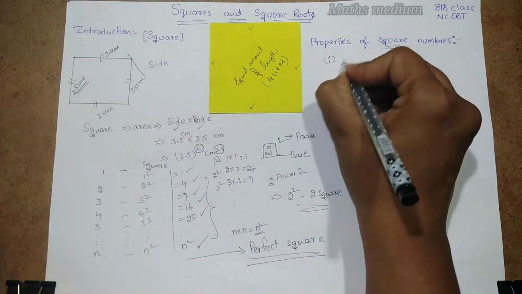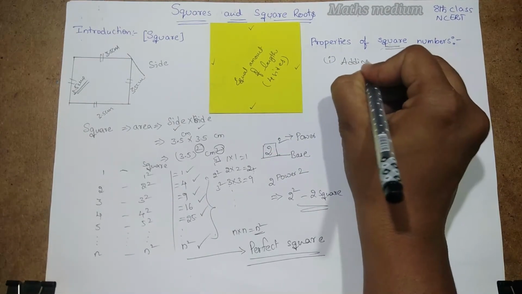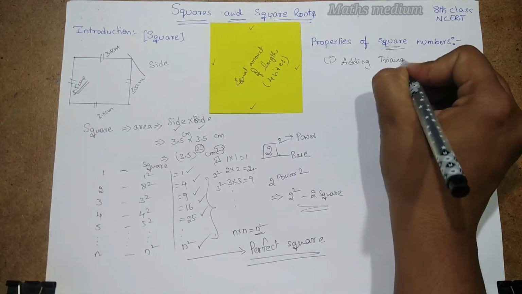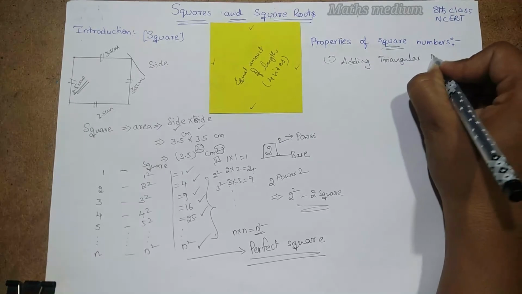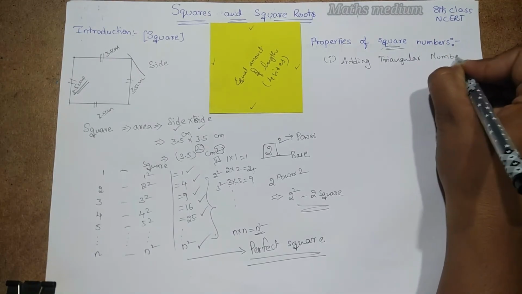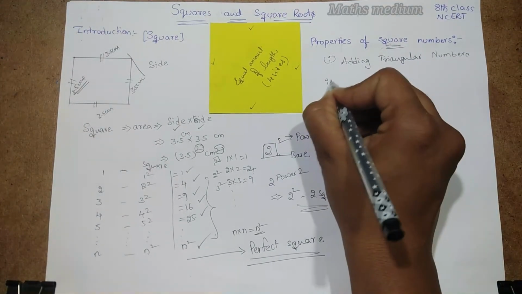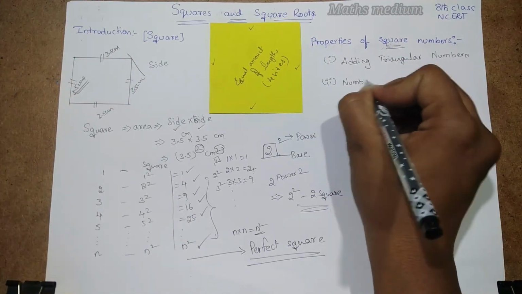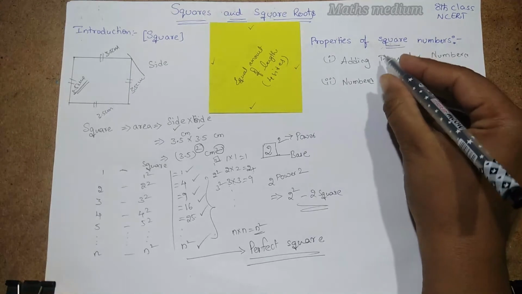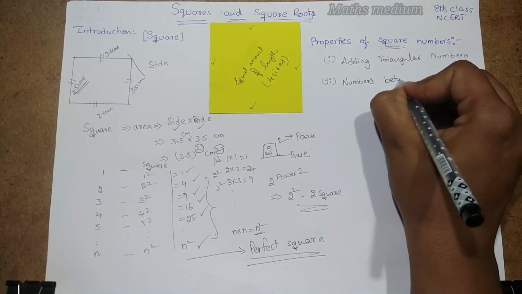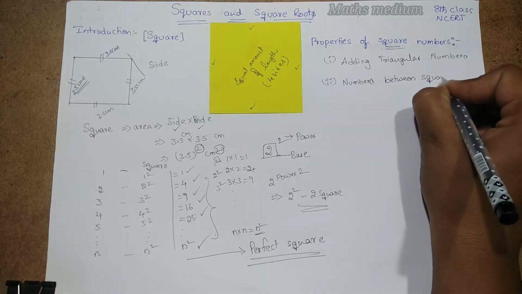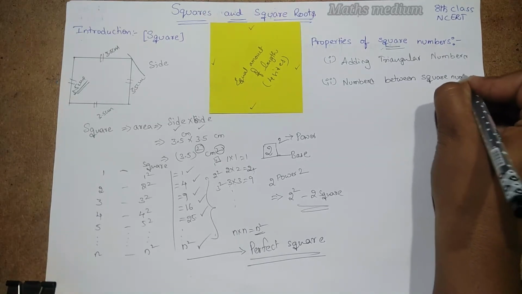One is adding triangular numbers. Next one is numbers between square numbers.